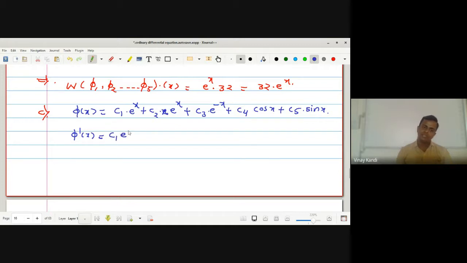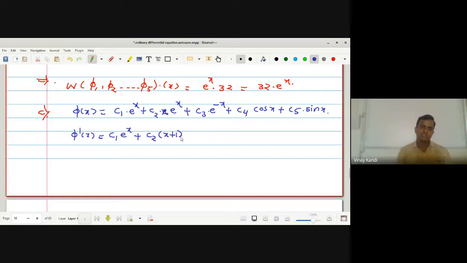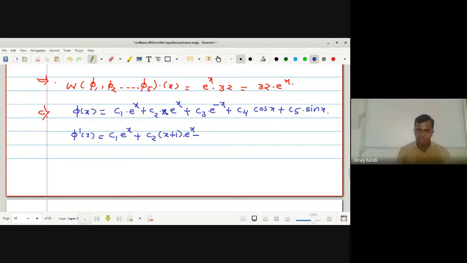C1 e raised to x. What will come for x into e raised to x? The derivative will be 1 plus x e raised to x, or x plus 1 e raised to x. Now plus, minus C3 e raised to minus x. Now cos x derivative gives minus sin x: minus C4 sin x plus C5 cos x.